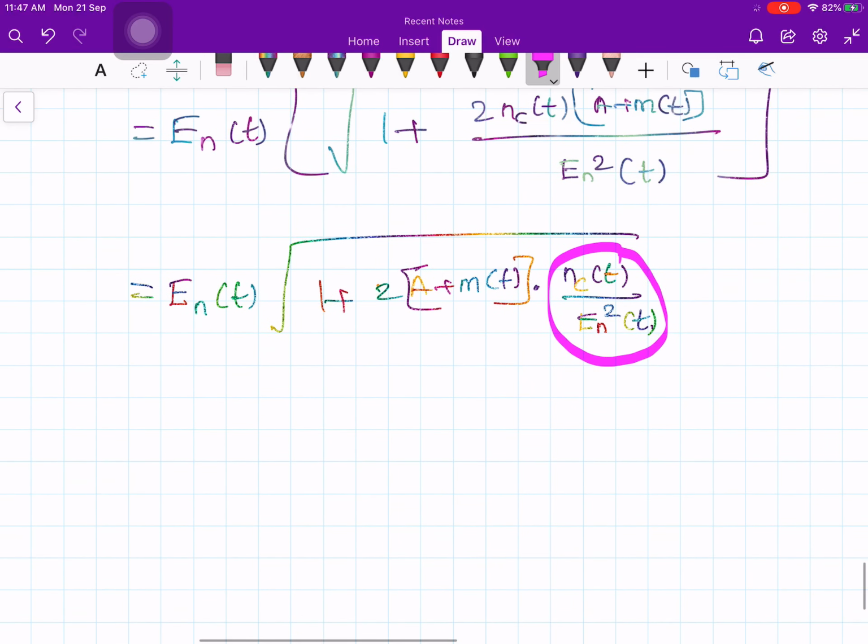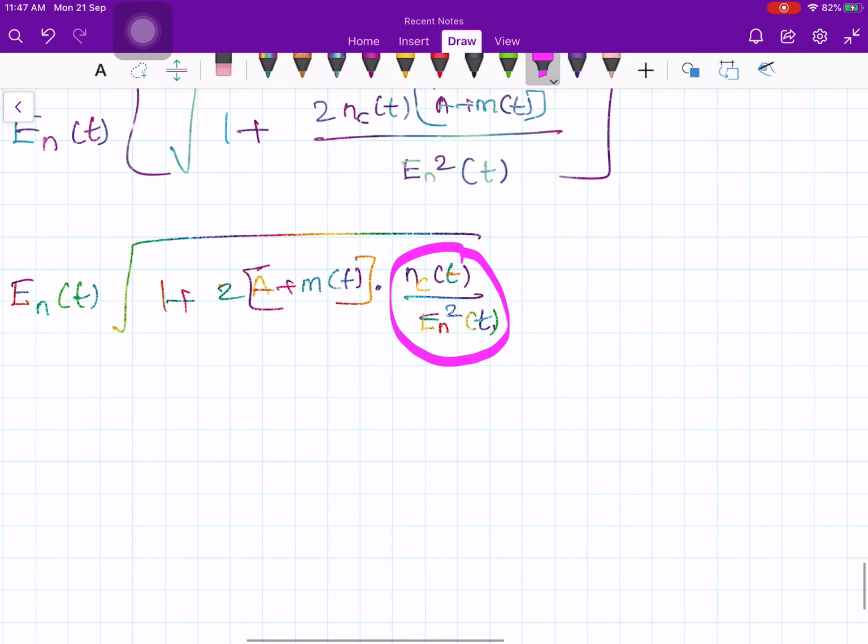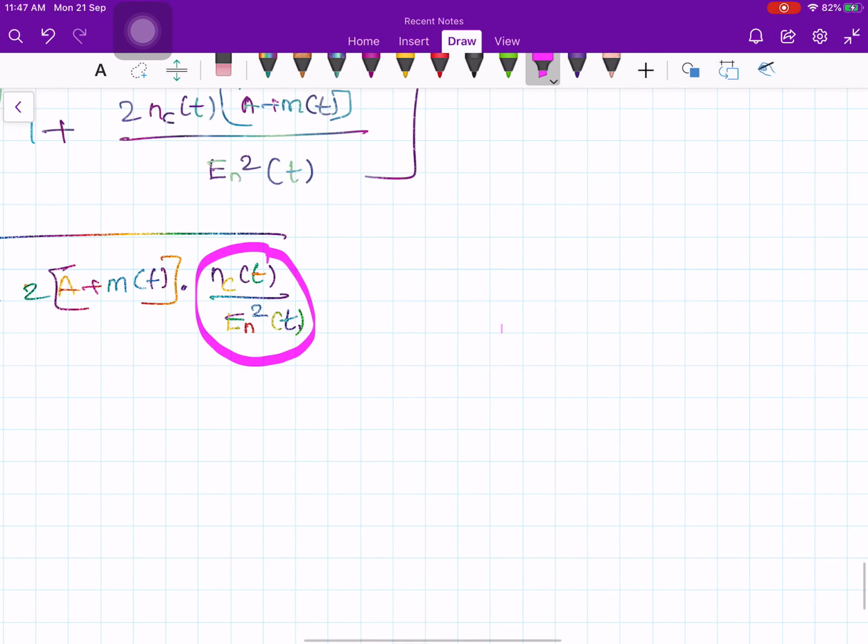Because this En square of t is a large quantity, consider the ratio nc of t by En square of t. From the normal trigonometry, this ratio can be expressed in a triangle, because the components are orthogonal. nc of t is orthogonal to ns of t.